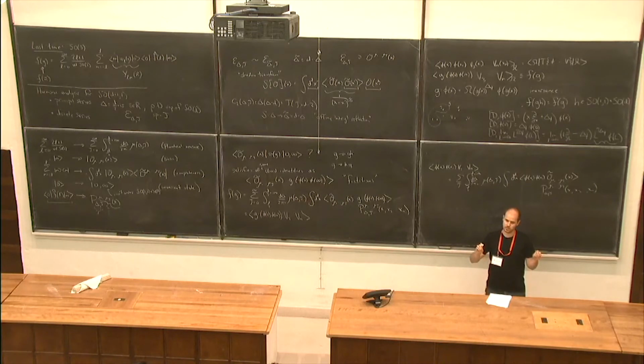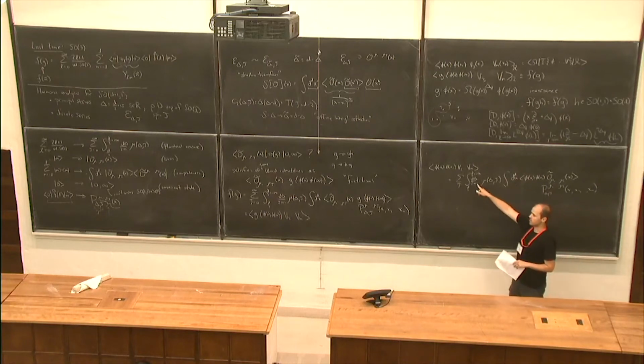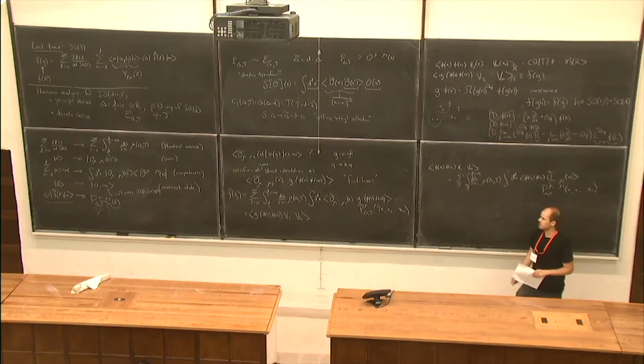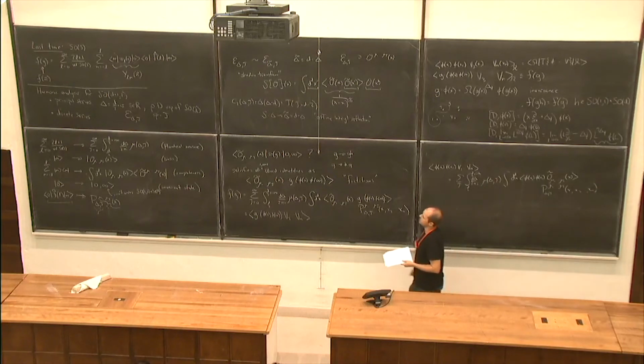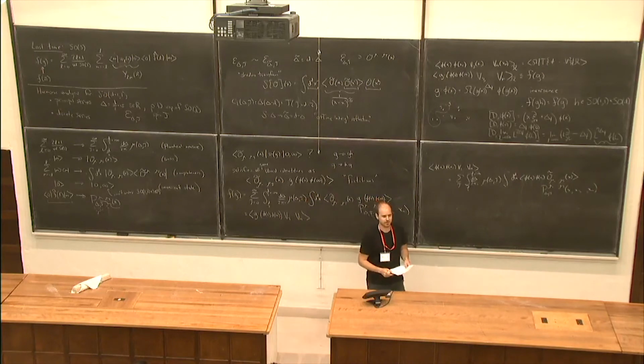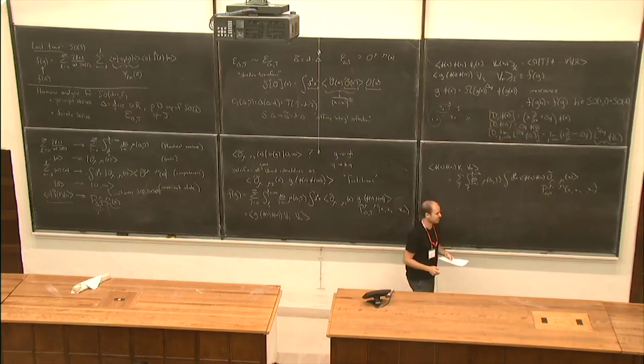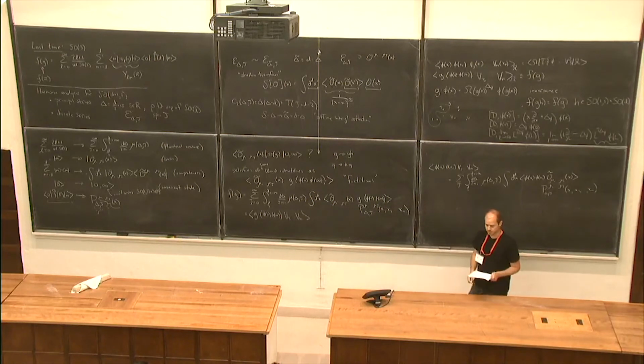In this case, you act with a group element on one of the points in AdS, and you rewrite that in terms of an integral over the boundary. So there's an integral dx and an integral over the principal series of some things. And again, in that situation, you can compute the matrix element using various invariance conditions, and you find that it's the bulk to boundary propagator. I'm not going to go over that in detail, but for those of you who are familiar with that, that's the way to derive the split representation.